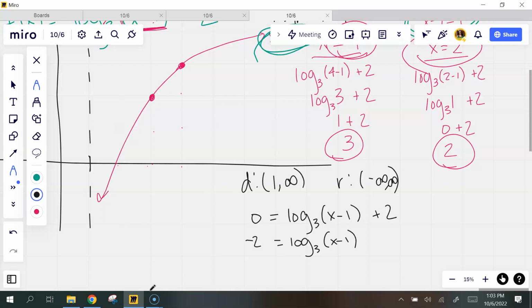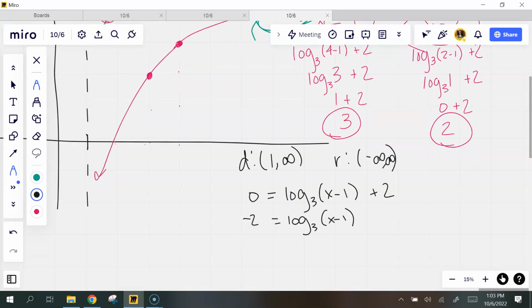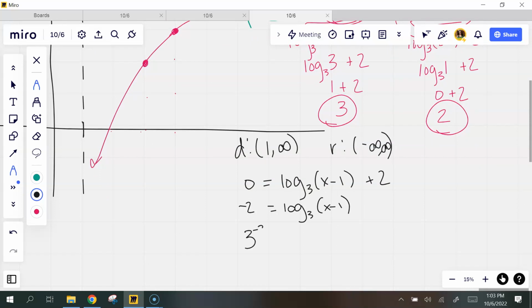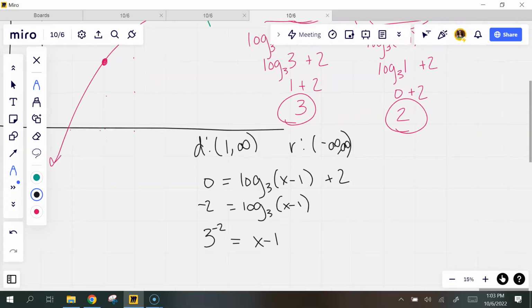But good job, Jackson. Put it in the other form. 3 to the negative 2 equals x minus 1. Ooh, this is starting to look familiar.